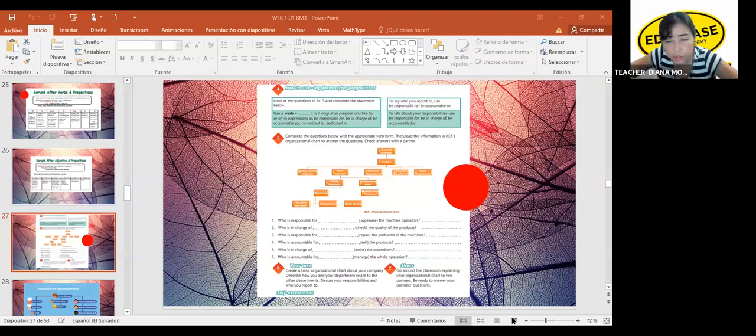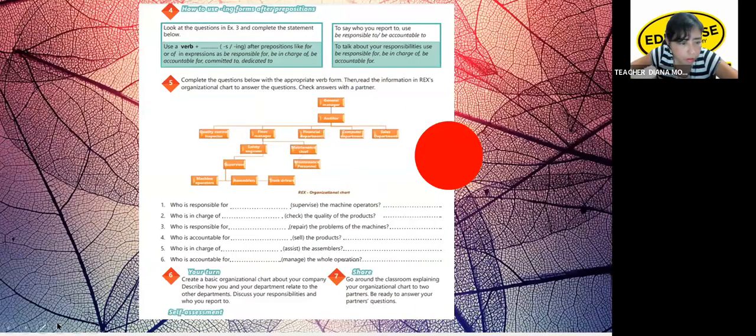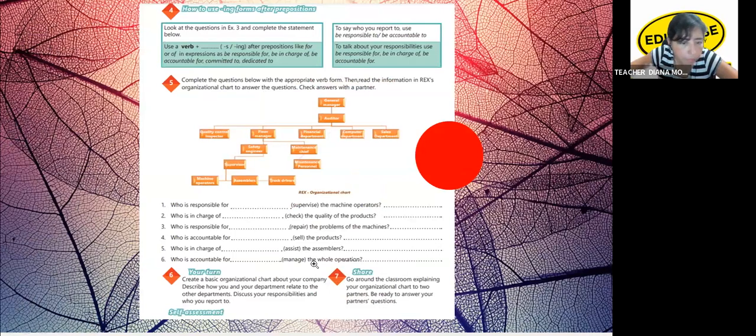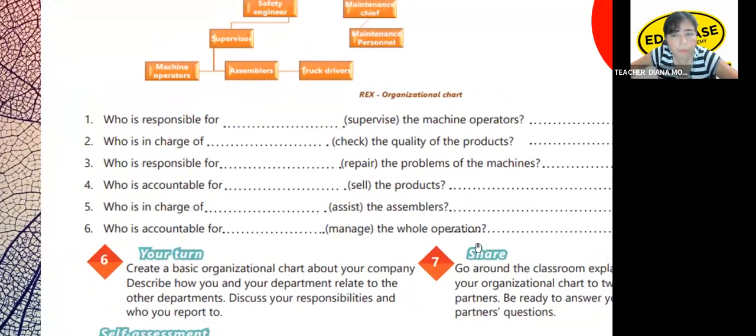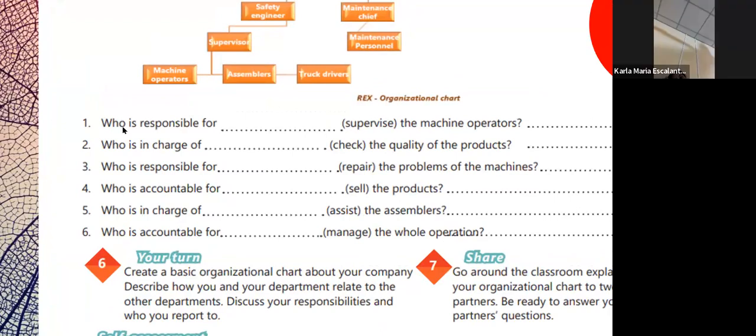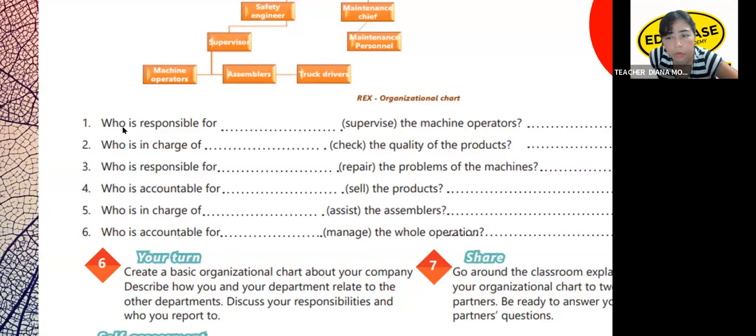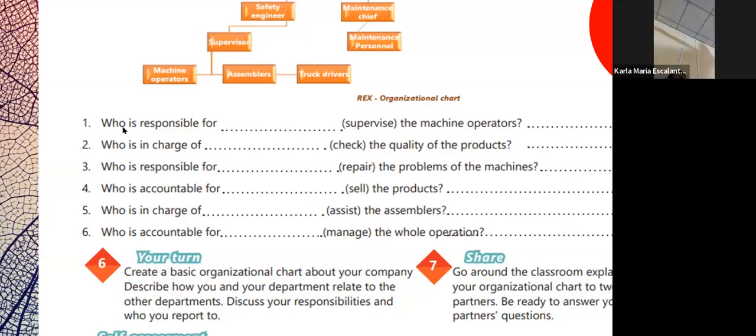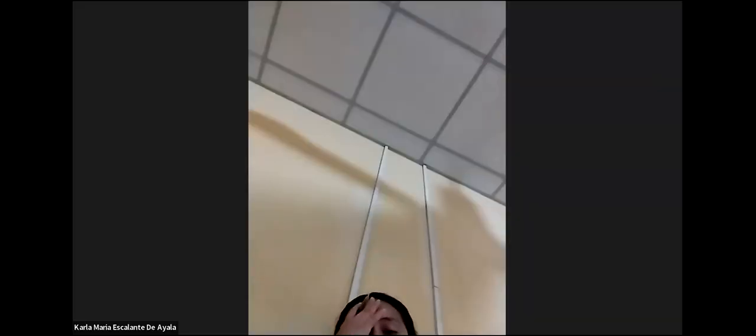But this is in your handbook. This is what you are going to solve to put into practice what we were talking about yesterday. Let me share these two for you.